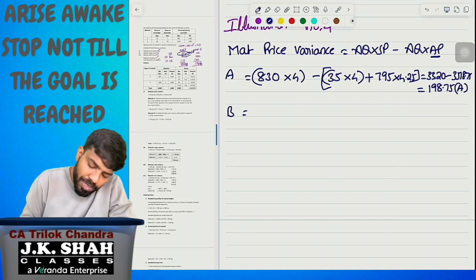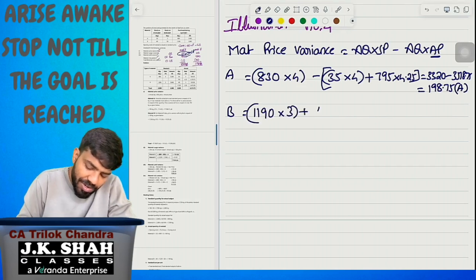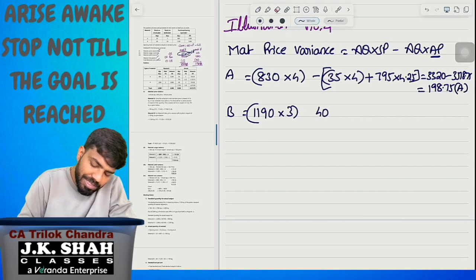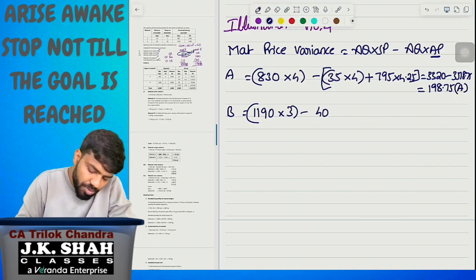B equal to totally how many kgs consumed? 1190 kgs consumed into what is the standard price? 3 rupees. Minus, first they would have consumed the opening stock. Opening stock should be valued at standard price. What is the standard price? 3 rupees.